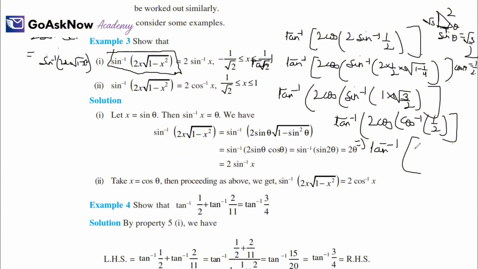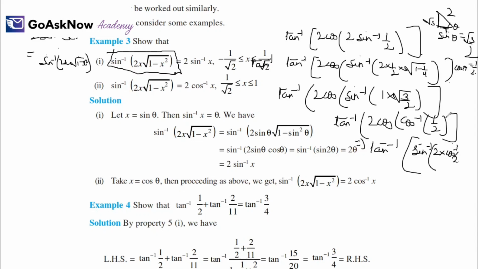So apply here. It will become sin inverse inside 2x. What is the value of 2x here? 2 into cos inverse 1 by 2. And what is the value of cos inverse 1 by 2?